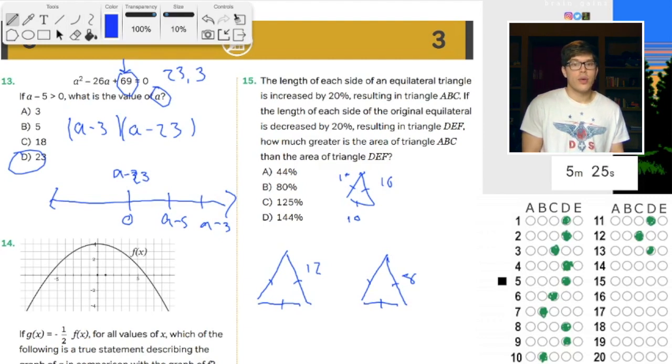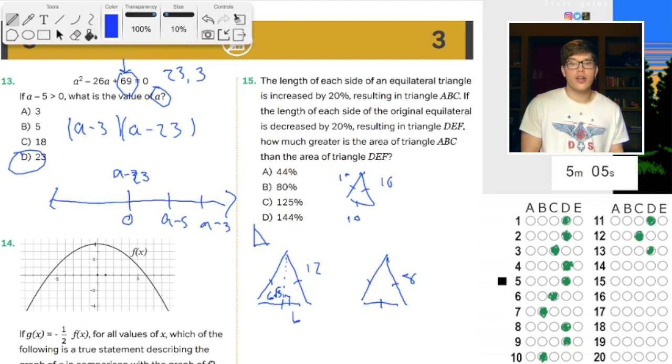Well, this is an equilateral triangle, so if we cut it up to find the height, we're left with a 30, 60, 90 right triangle. And so our height must be 6 root 3 because this is a special right triangle. This is in your formula chart for the SAT, so there's no excuse to not know this.